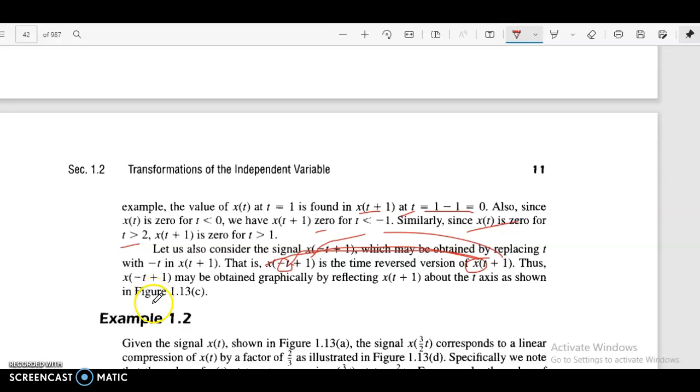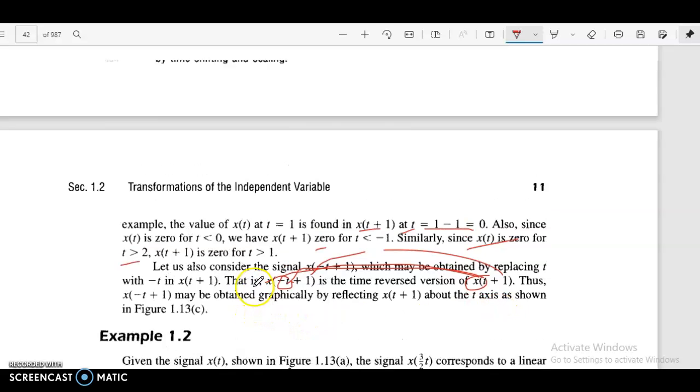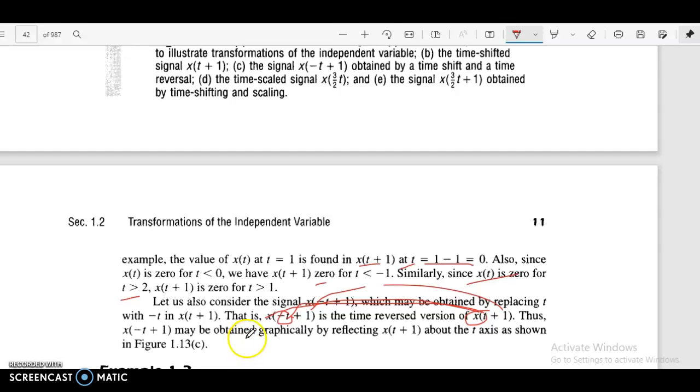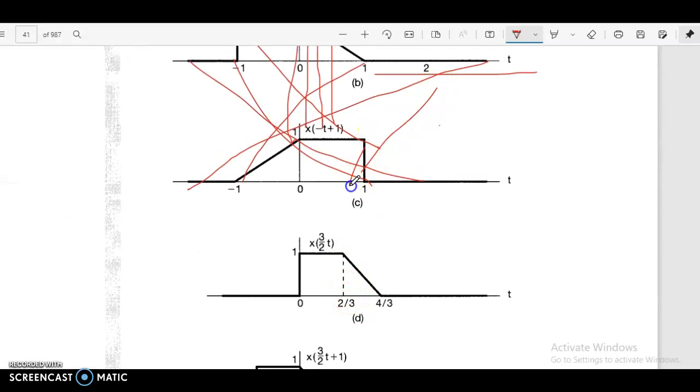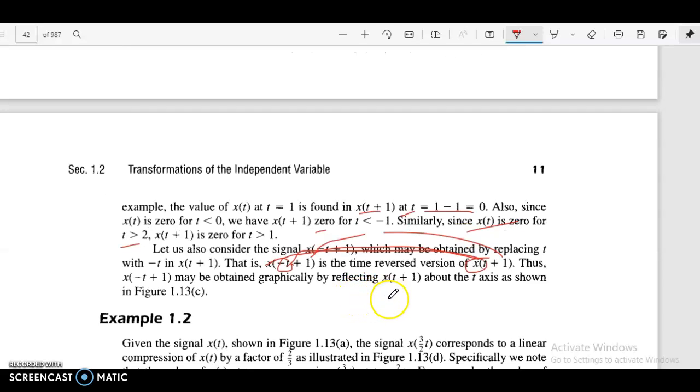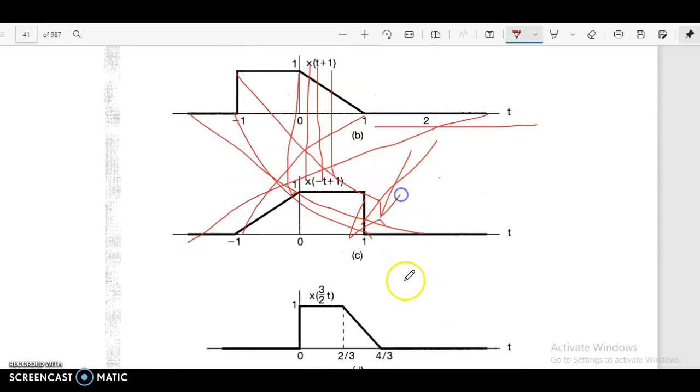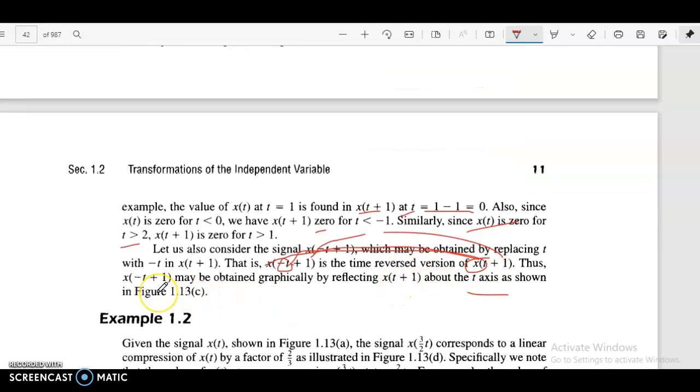Thus, x of minus t plus 1 may be obtained graphically by reflecting x of t plus 1 about the t-axis as shown in figure 1.13c.